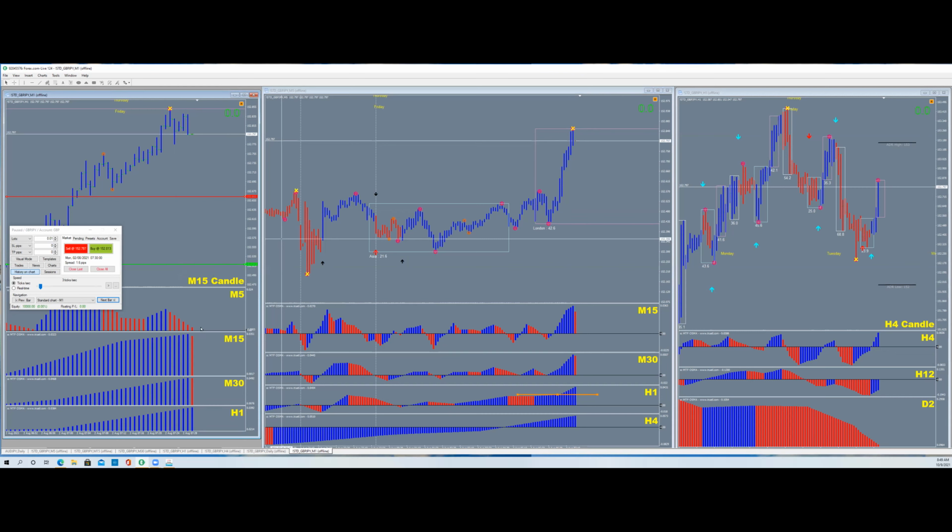Because the 5 minute is already pulling back, 15 is changing color, 30 minutes changing color. The H1 hasn't changed color, the 4 hour hasn't changed color, so we're still looking for the high today. But do take into consideration that a market can easily pull back and then continue its trend later on.